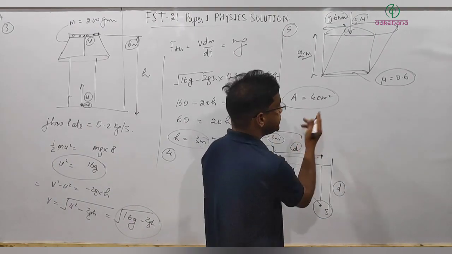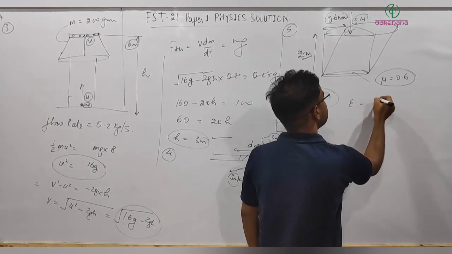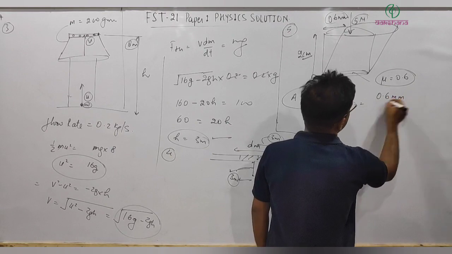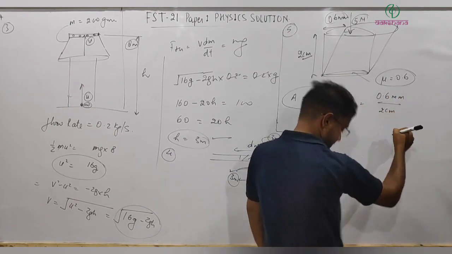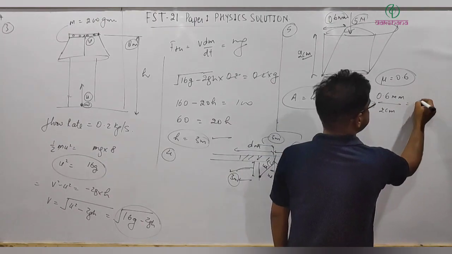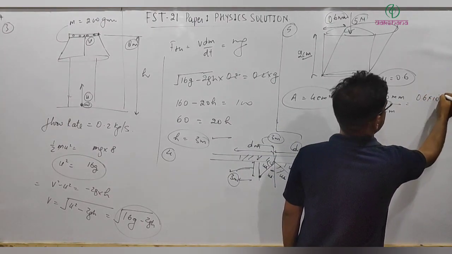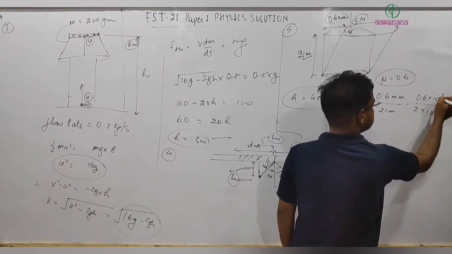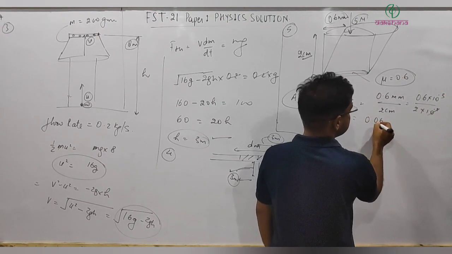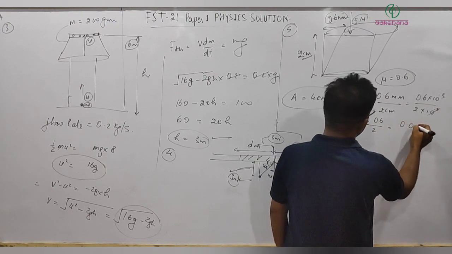That means shear strain epsilon can be written as 0.6 mm divided by its height, that is 2 centimeter. So that will be equal to 0.6 into 10 to the power minus 3 divided by 2 into 10 to the power minus 2, and this is 0.06 divided by 2, which is 0.03.